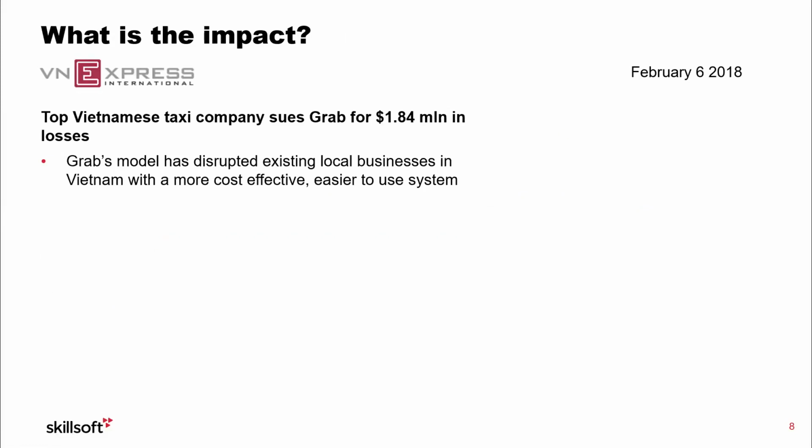Now, in so many respects, there is not much they can do about that because this has been sanctioned by the Vietnamese government. And the Vietnamese government has embraced this new business model that Grab has taken to market.